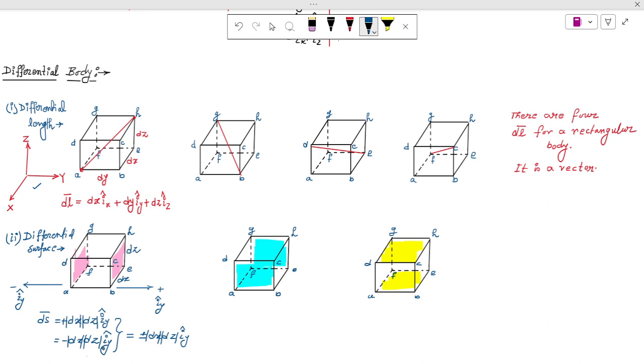Look at here, six planes. So there will be three pairs of surfaces. Similarly for this, if we use a red color for the arrow, some direction will be this direction, some direction will be in this direction.